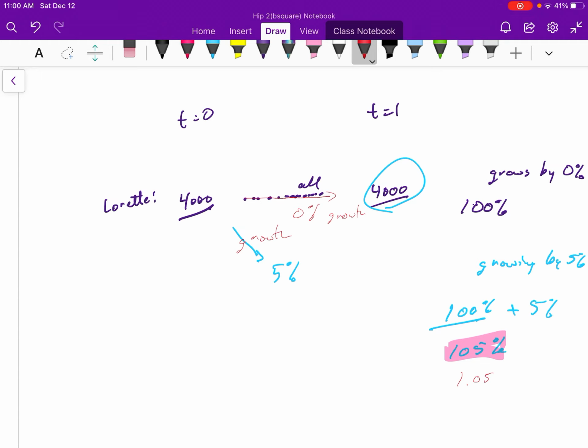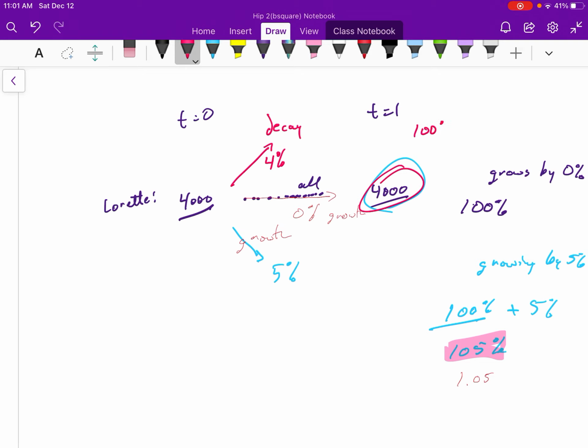So really, there's growth. And what's the opposite of growth? It has many names. It has decline, but probably the most common one would be decay. Now, let us suppose that Lorette experiences a 4% decline in population. Well, who cares about the number?